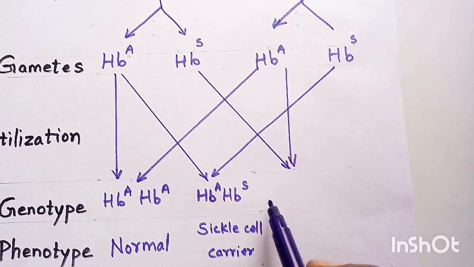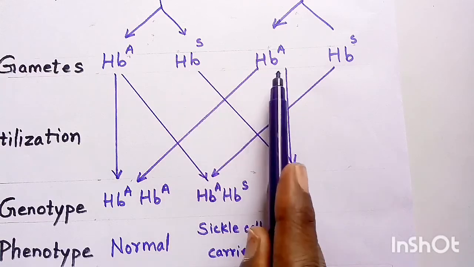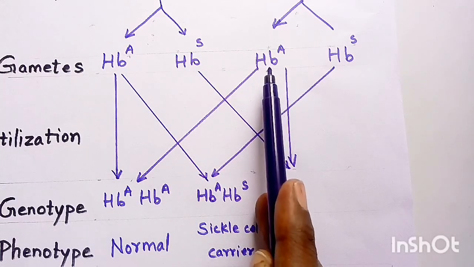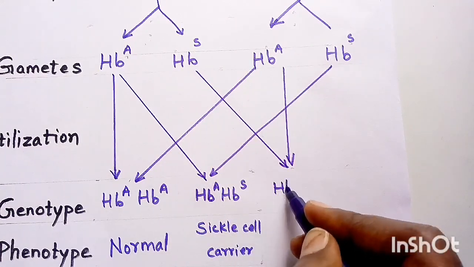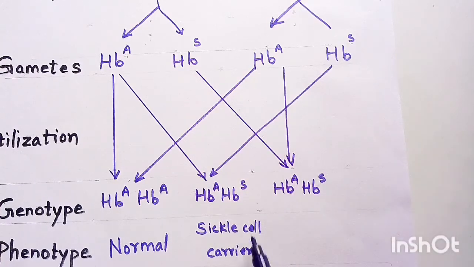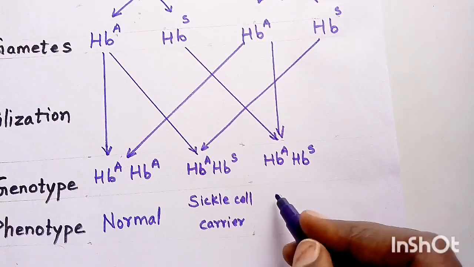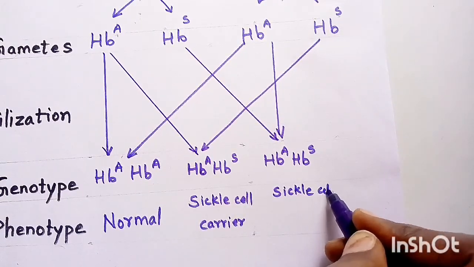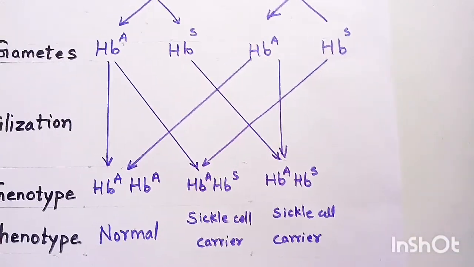What is the genotype of this? This is HbA, but we write HbA first and then HbS. So it will become HbA and HbS. HbA, HbS both are the same, so its phenotype will be the same. It will also be a sickle cell carrier. So there are two offspring which are sickle cell carriers.